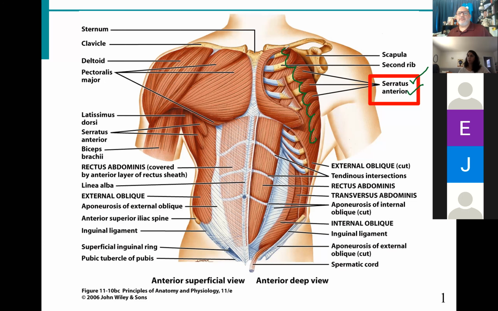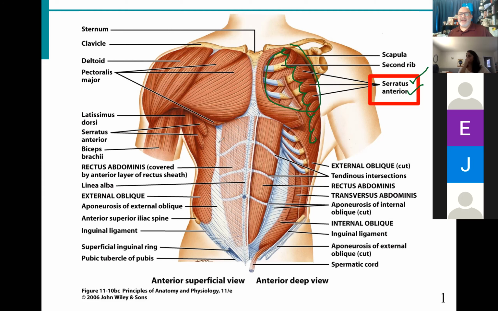Now notice one other thing as well. To see most of this, we had to cut the pectoralis major and remove it, because these are relatively deep muscles. But the key word there is most.